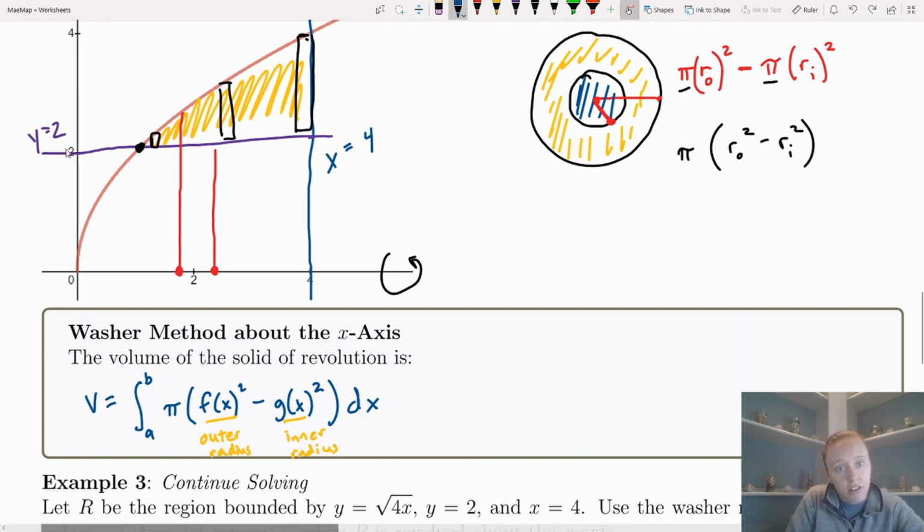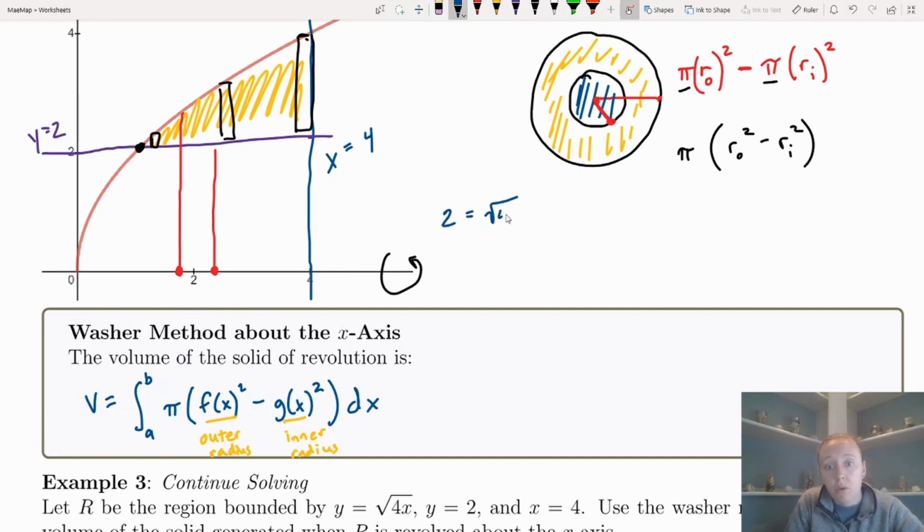That's when you can see our line y equals 2 intersects with y equals the square root of 4x. So this is when 2 equals the square root of 4x, which simplified is when 2 equals 2 root x. Dividing both sides by 2, that's when 1 equals the square root of x, which occurs at a positive 1. So that's when x equals 1.